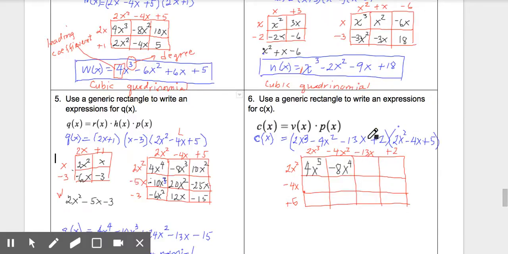Then 2x squared times negative 13x is negative 26x cubed, because 2 plus 1, there's a 1 hiding here, is equal to 3. And then 2x squared times 2 is 4x squared.